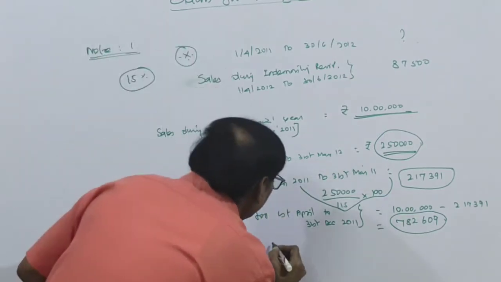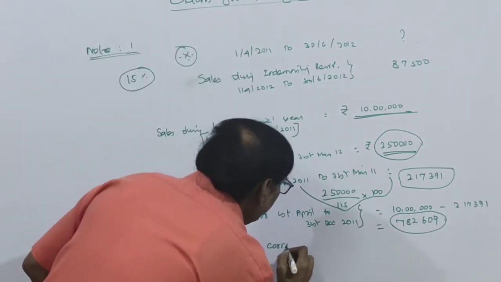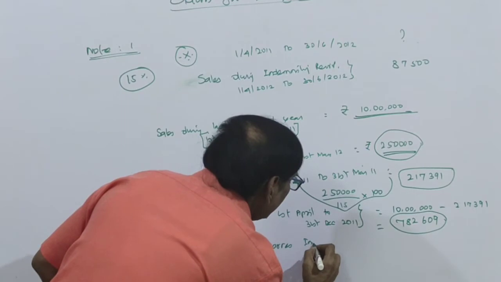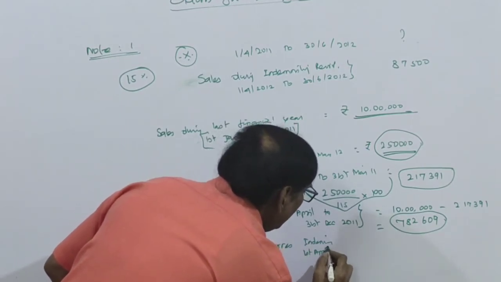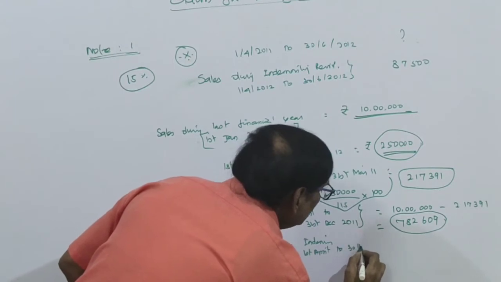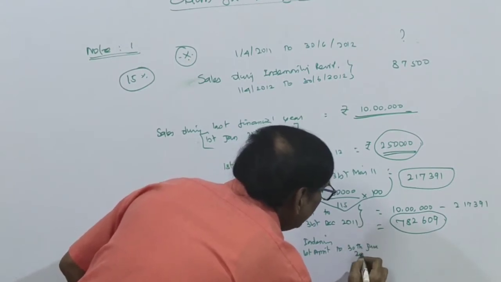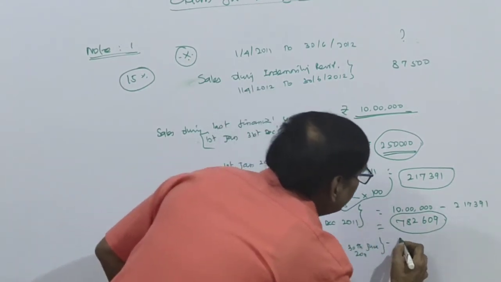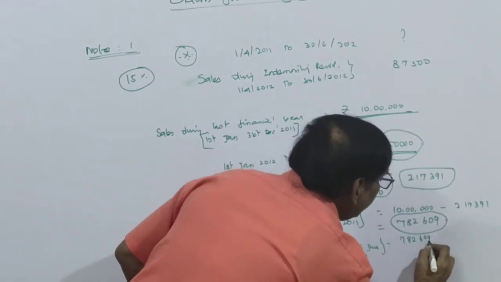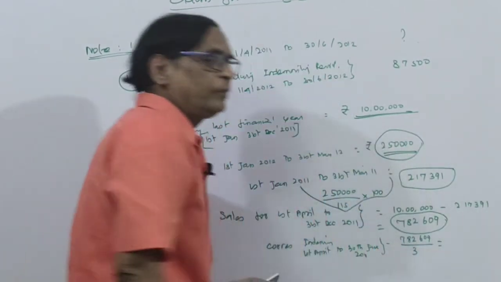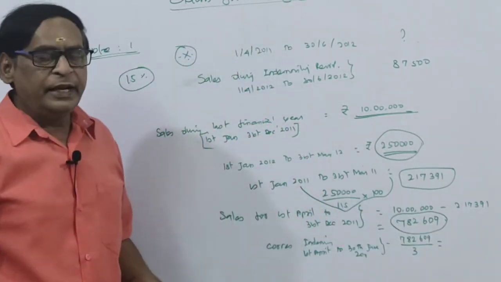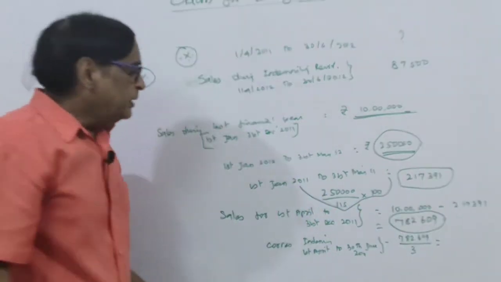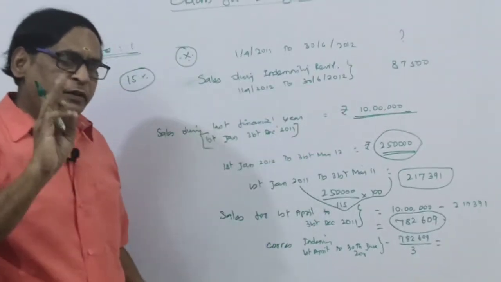So the corresponding indemnity period sales, corresponding indemnity period meaning 1st April to 30th June 2011, is 7,82,609 by 3, because this amount 7,82,609 is for 9 months, but the corresponding period of indemnity is only 3 months.